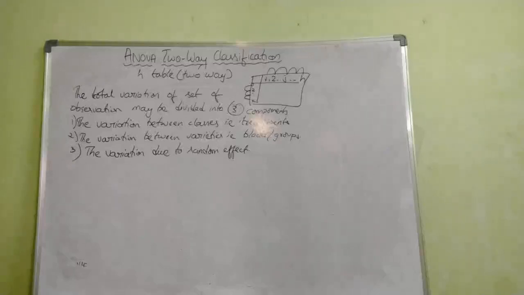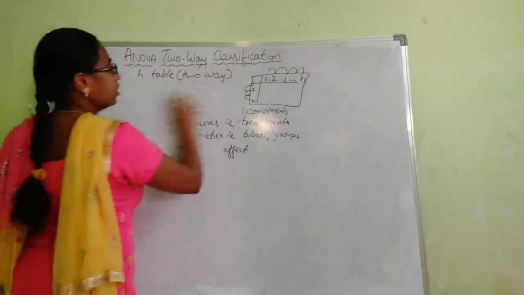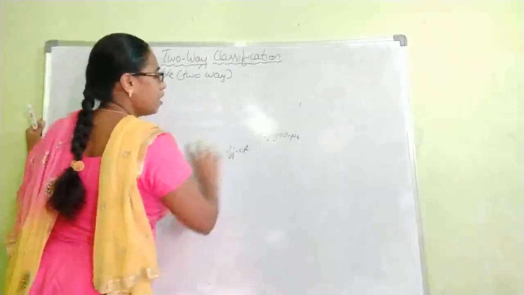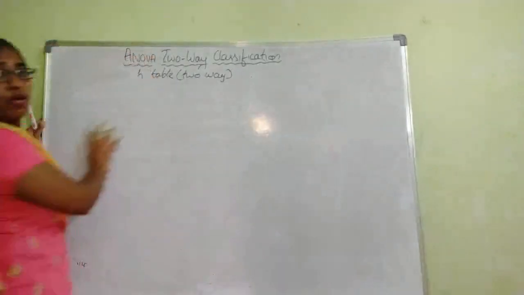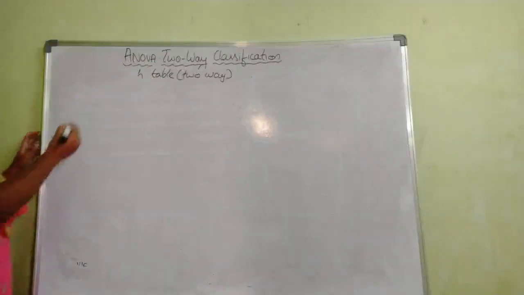Now we'll look at the mathematical model for the ANOVA two-way classification. So what is the mathematical model? Remember the mathematical model for the one-way classification; it will be the same kind of model as for the two-way classification also.